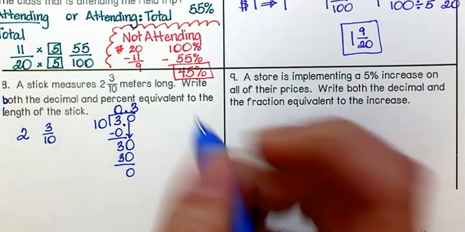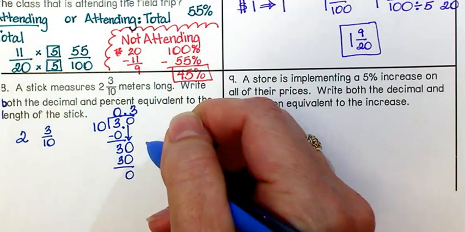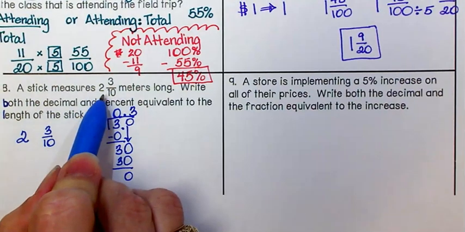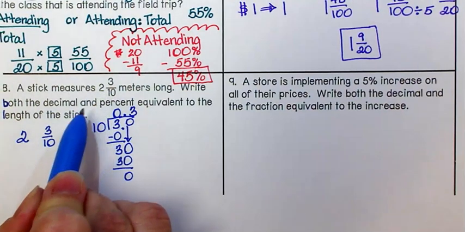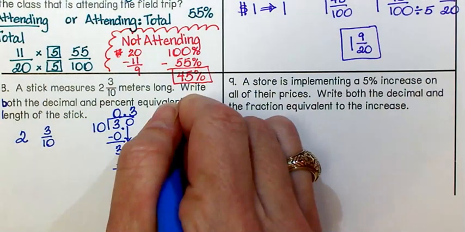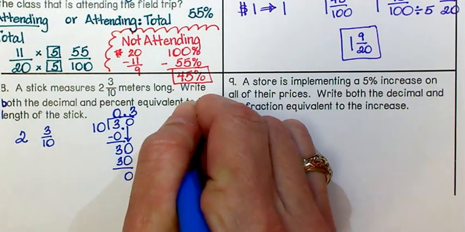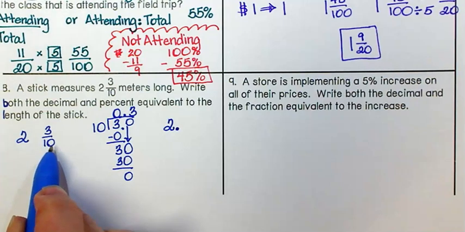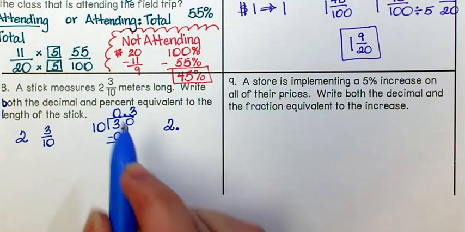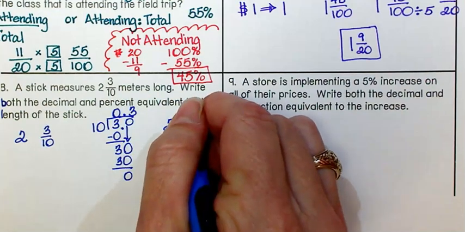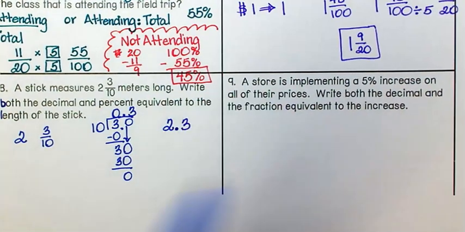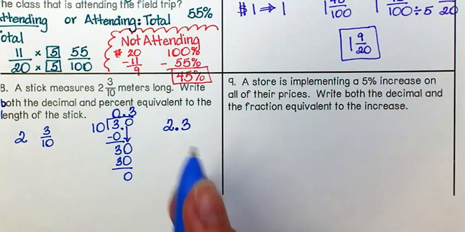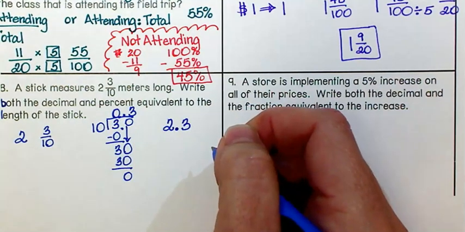And I have nothing left over, and I've already passed the decimal, so I get to quit. So if I want to take this number and make it a decimal equivalent, it's going to be my whole number, which is 2, and then the fraction is equivalent to this decimal part. So it's going to be 2.3, okay? Because 2 plus the 0.3, 2.3. So there's your decimal equivalent.